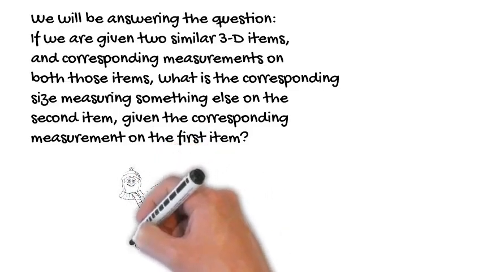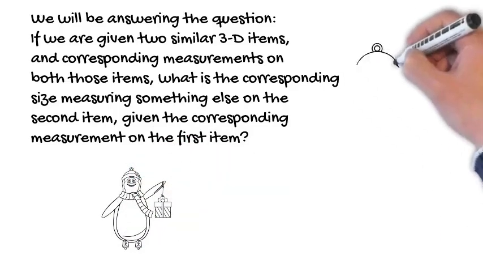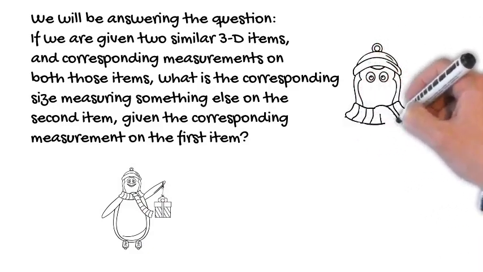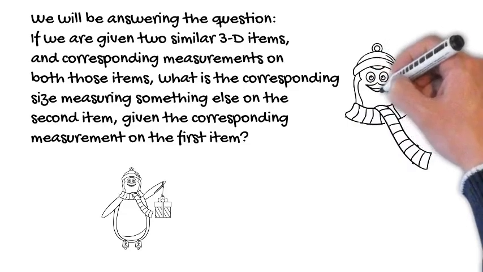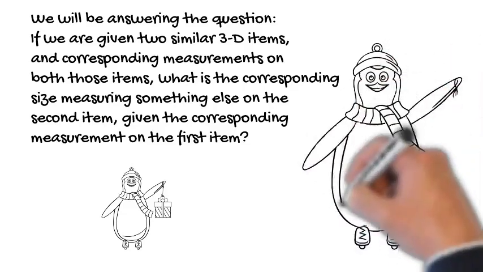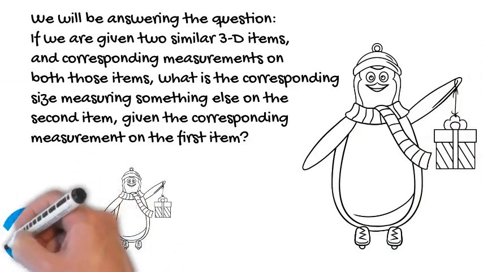Or similarly, if I know the weight of both of them, can I find the surface area of a second one if I know the surface area of the first one? So given 2 corresponding measurements and then a third measurement, can we find the corresponding measurement to that third measurement?